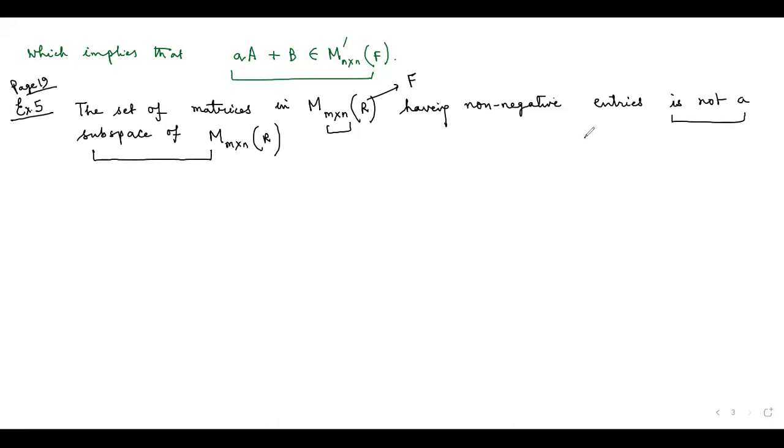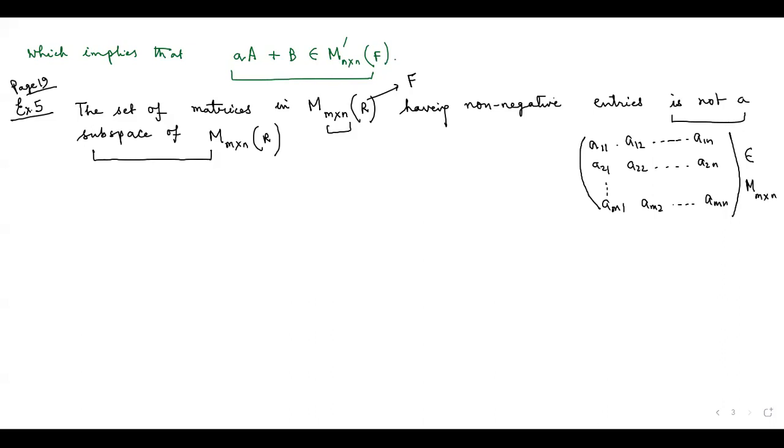For example, if I consider any general matrix, say A11, A12, ... A1n, A21, A22, ... A2n, AM1, AM2, ... AMN.